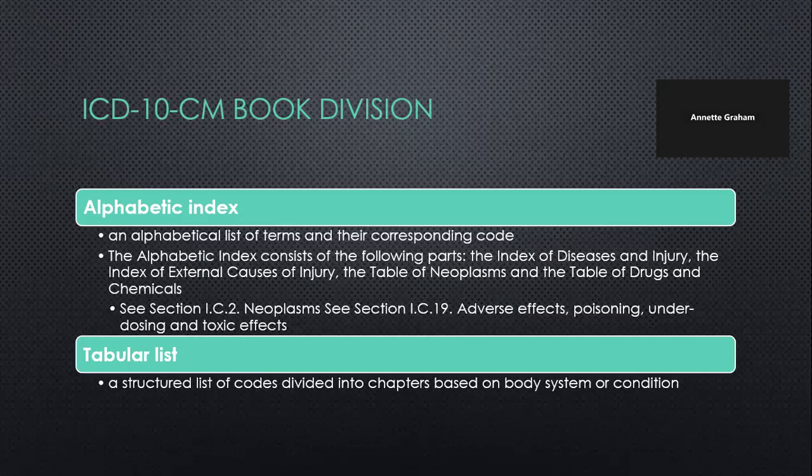And if you are using your ICD-10 book to follow, you can see section IC2 of the neoplasms, the section IC19 for adverse effects, poisoning, and underdosing, and toxic effects. As far as the tabular list goes, this is where you are going to find your actual diagnosis codes that you are looking up, and they are divided by chapters based on the body system or condition of the body.